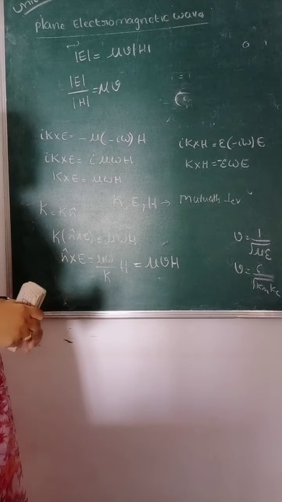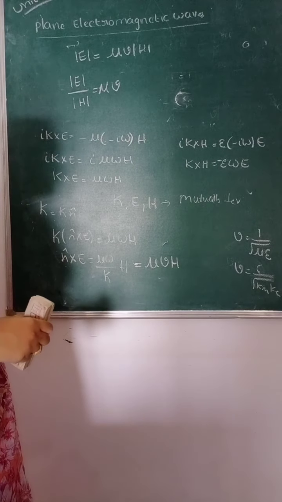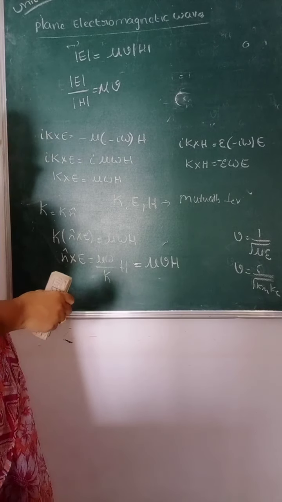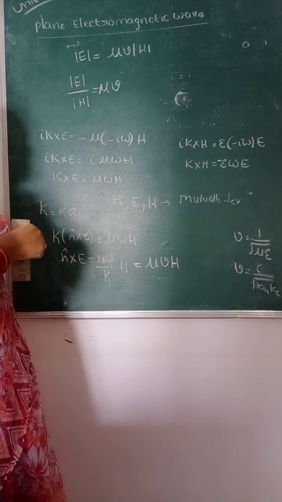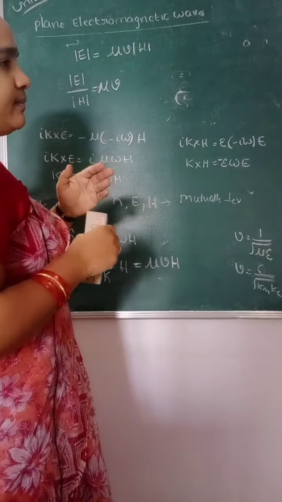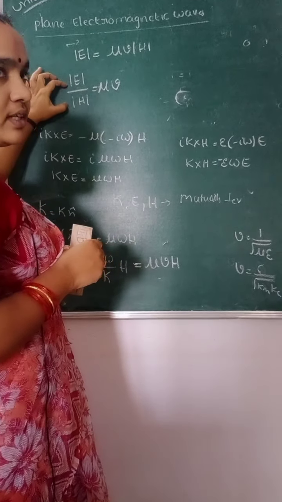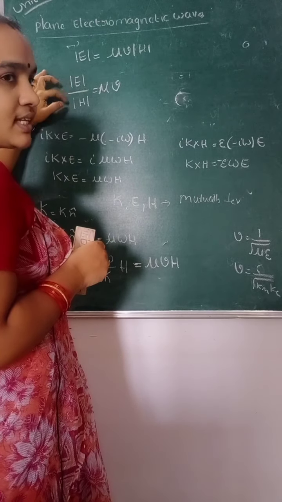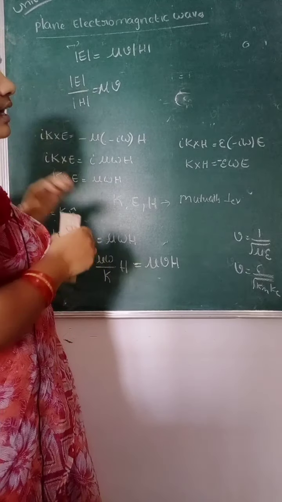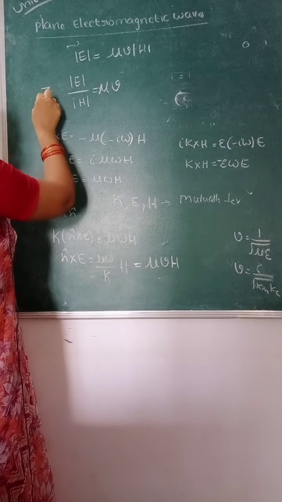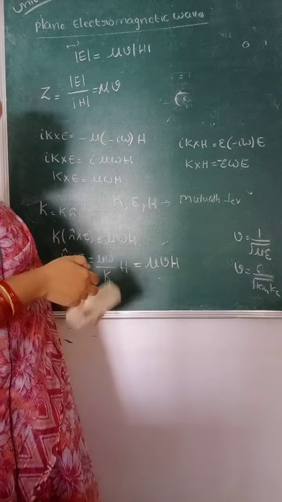Since the electric field units are volt per meter and the magnetic field units are ampere turn per meter, the meter gets cancelled. The units of this ratio E by H resemble the units of an impedance. Here we will represent it with Z.